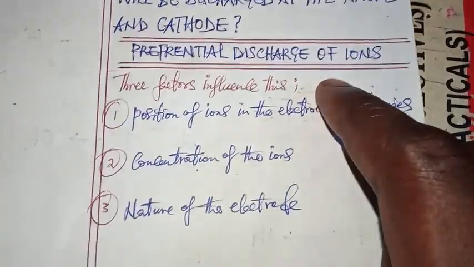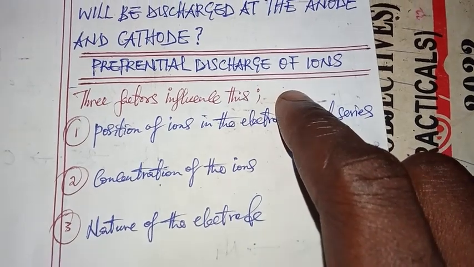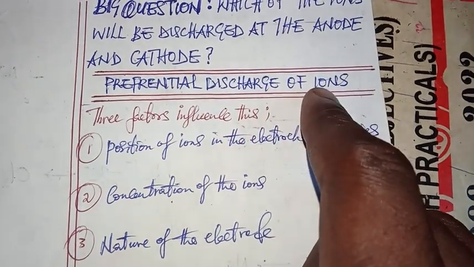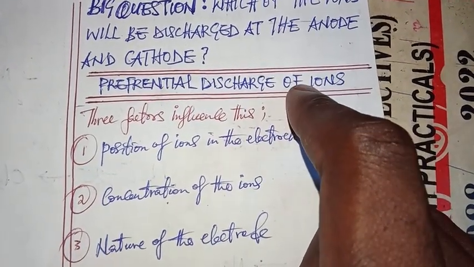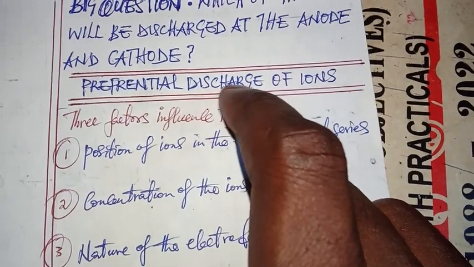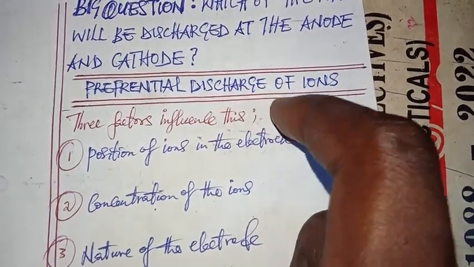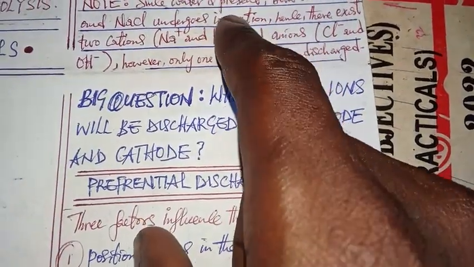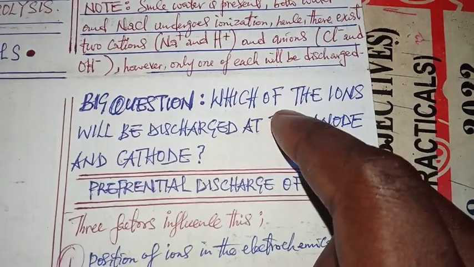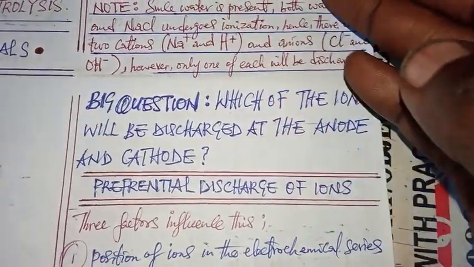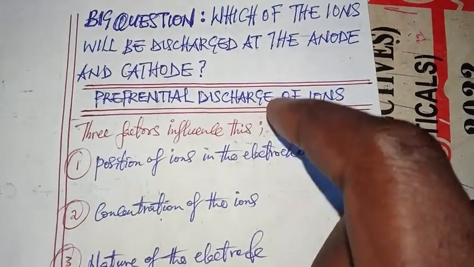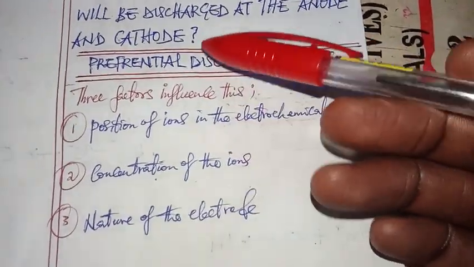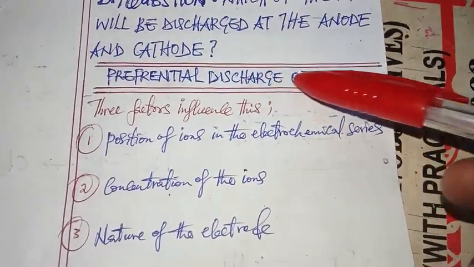Now, to answer this big question, we are going to look into preferential discharge of ions, in the next video I'm going to post. This preferential discharge of ions are factors that guide us to know which of the competing ions will be discharged at the respective electrodes. There are three factors that influence this preferential discharge of ions.